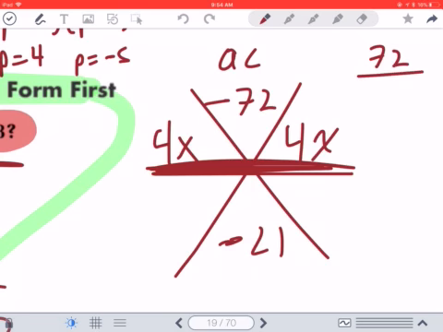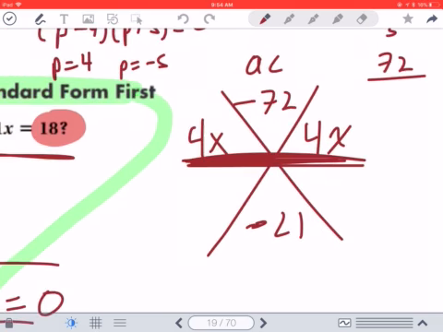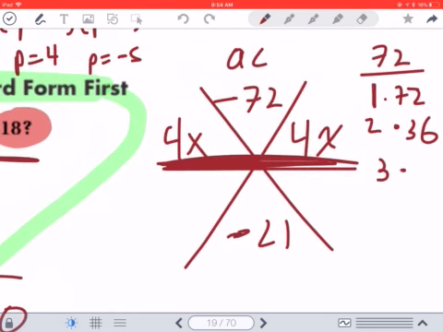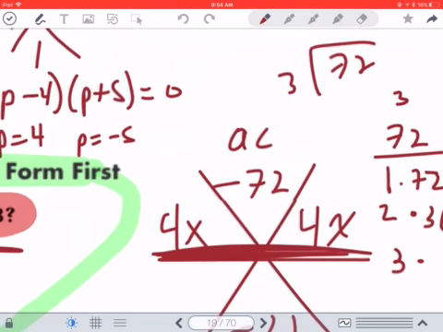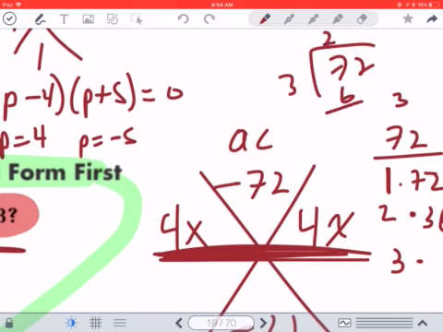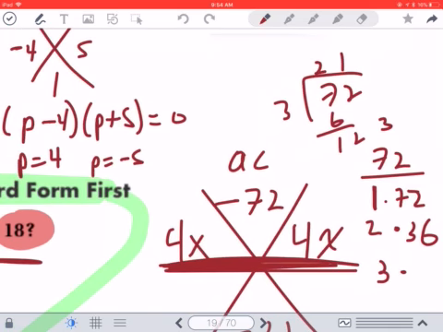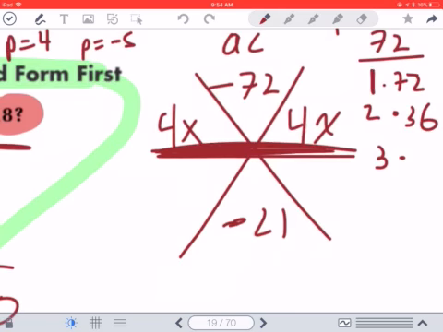So 72, I can look at all the factors of 72. I can do 1 times 72, 2 times 36, 3 times, what's that going to be? 72 divided by 3 is going to be 24. So we got 3 times 24.